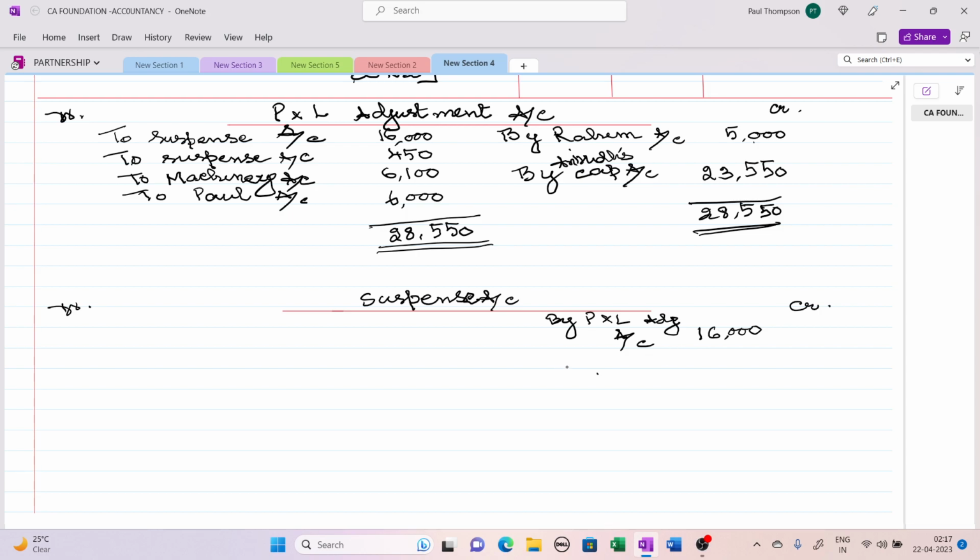Then there is one more item, 450 by PL adjustment account, 450.